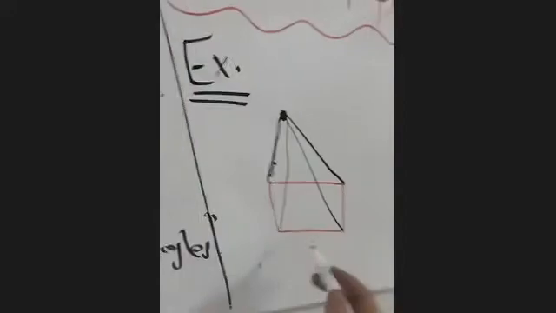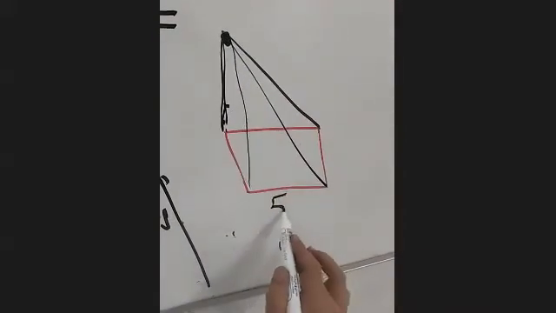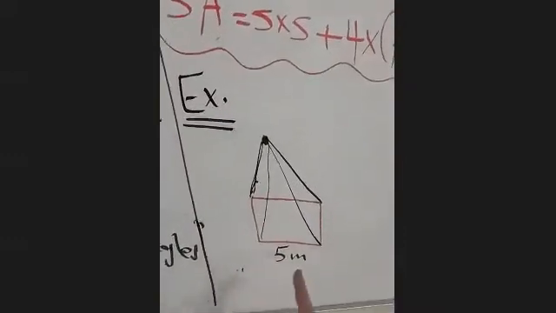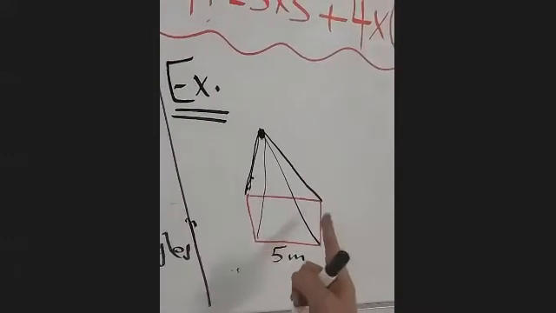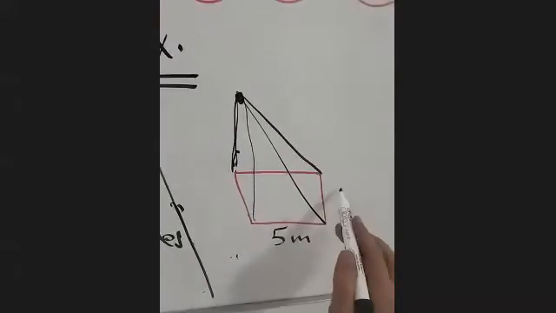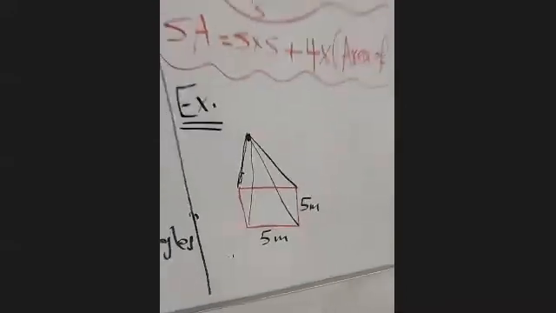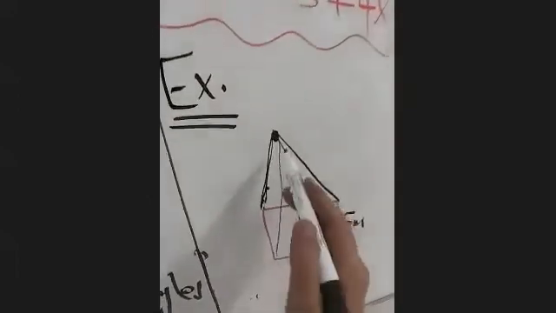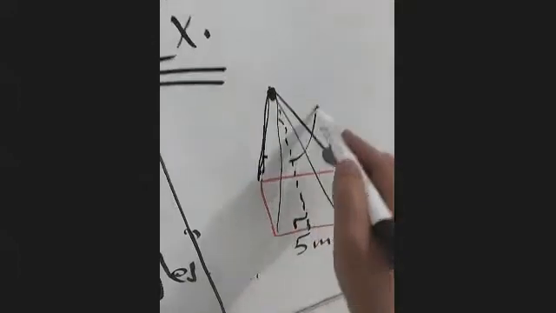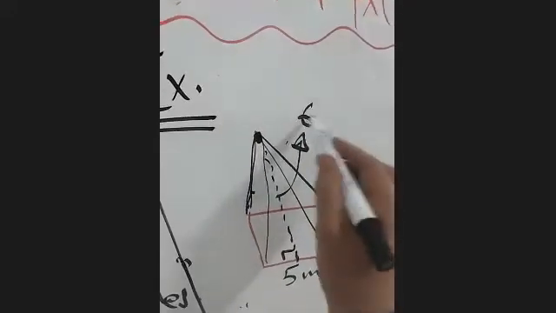The side length down is, let's say, 5 meters. Because it's a square, this is 5 and this 5 and this 5 and this 5. The 4 sides are 5s. And let's assume that the height of the pyramid is 6 meters.